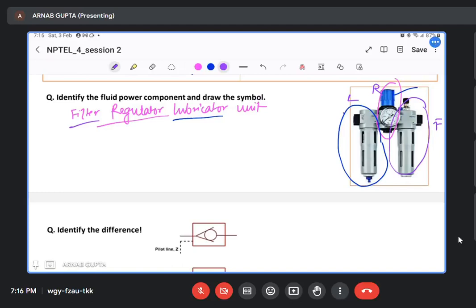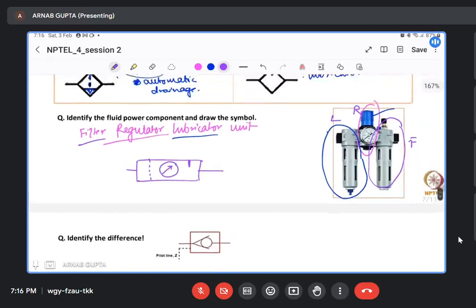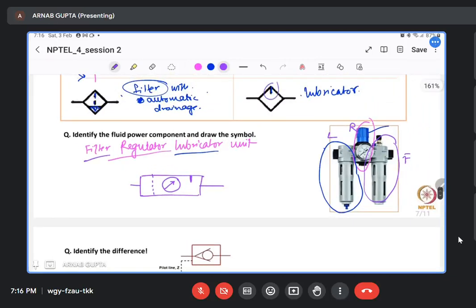That allows better frictional performance in sliding parts like pneumatic cylinders. So what is the symbol for this? It is very simple. You have a filtration unit, so that perforated line, then the regulator unit. So this is the symbol of regulator, and this is the lubricator. A small line from the top, that is the symbol of lubricator, as I mentioned here.